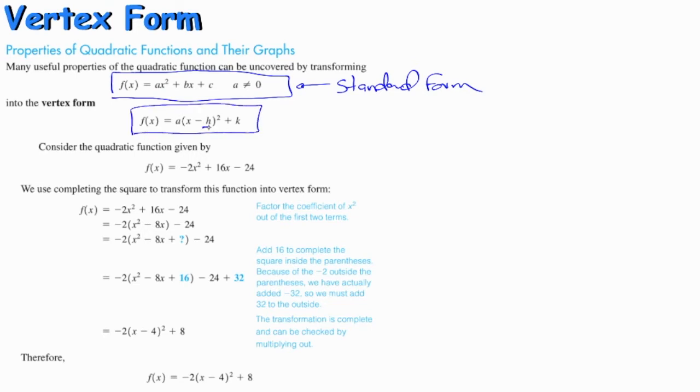And the benefit here is the h and the k values will give us the location of the vertex. And what we're going to use is completing the square. The method of completing the square allows us to rewrite this quadratic function into vertex form.